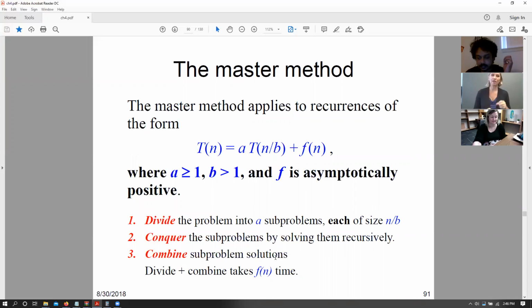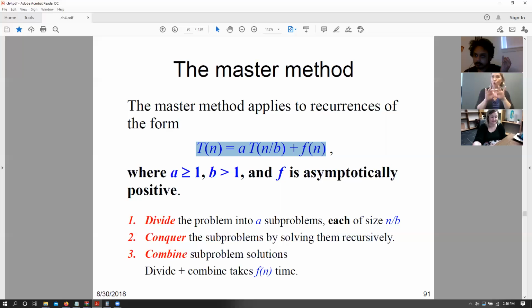So in the master method, this particular method only applies to cases where we have a recurrence relation like this, where we have T(n) = aT(n/b) + f(n). And I'll explain this, but notice one important thing.